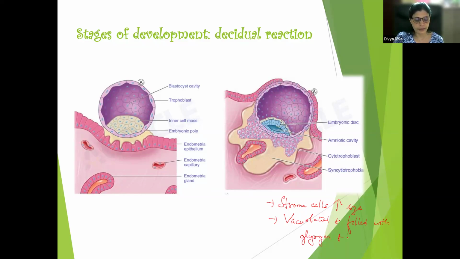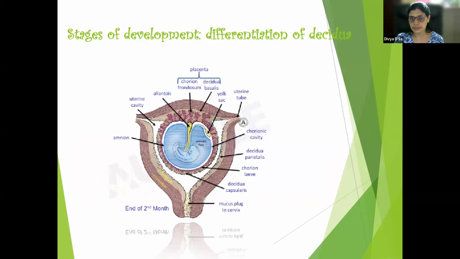This we call the decidual reaction. The decidual reaction is initiated with implantation. The syncytial trophoblast secretes beta HCG, causing the stromal cells to increase in size, become vacuolated, and fill with glycogen and lipid. So we now call this endometrium the decidua.